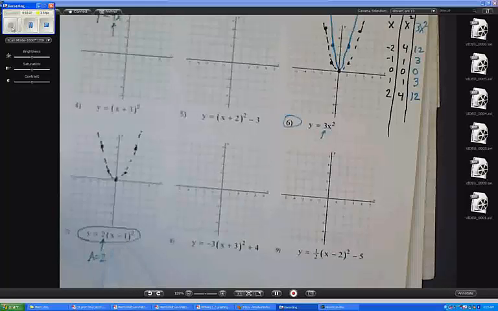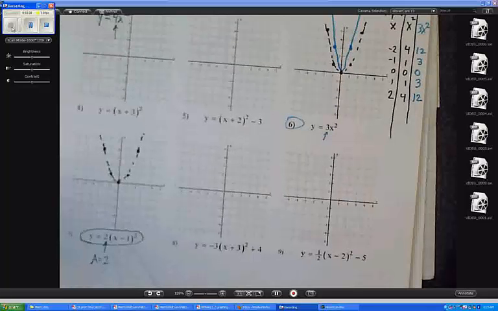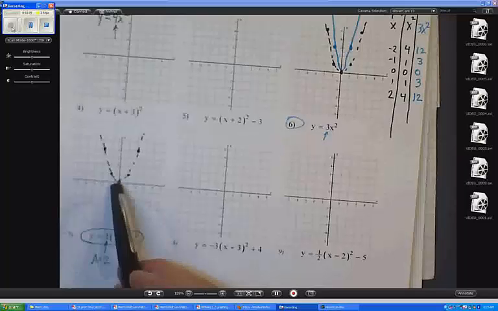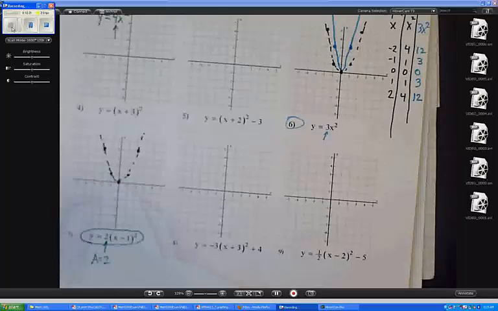H, which is a horizontal shift. So I have to shift this parabola which way? Let's see, horizontal. So we're going to go to the right one, right? It's always x minus h, if you want, is a way to think of it. So we'll move to the right one.